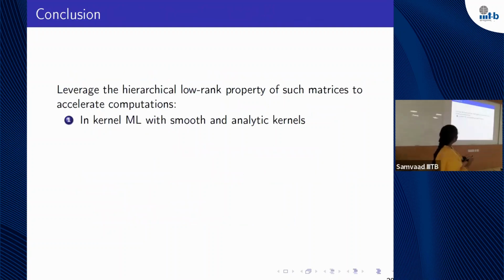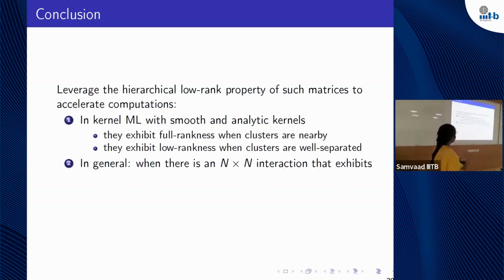So the conclusion is, in kernel-based machine learning, we encounter kernel matrices, and these kernel matrices have this very nice low-rank structure, which can be leveraged to speed up computations. In matrix vector products, the computational cost goes from n squared to n, and for solvers, it goes from n cubed to n. And this is not limited to kernel-based machine learning.